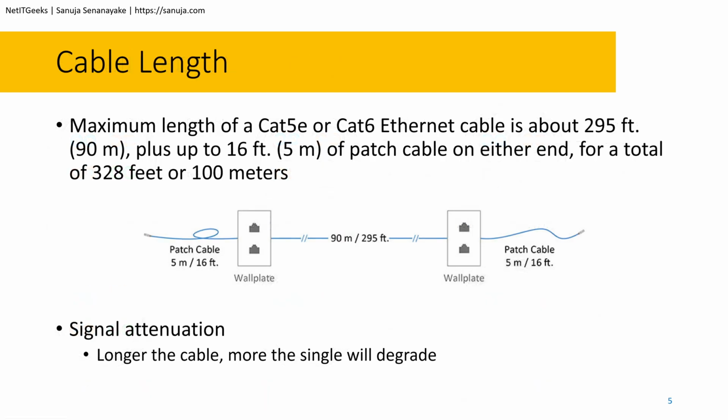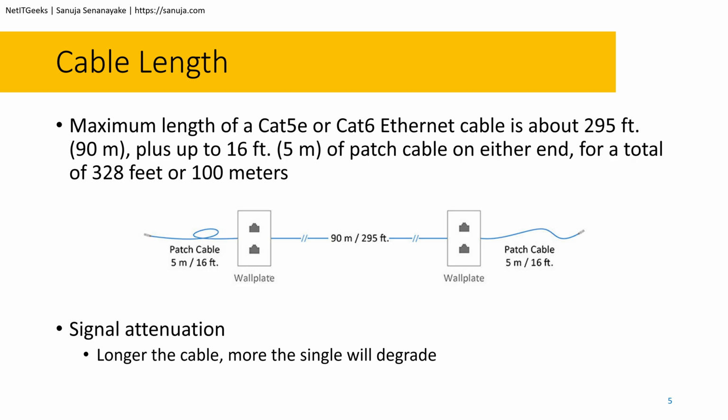The next topic we're going to discuss is cable length. The maximum length of a Cat5e or Cat6 Ethernet cable is about 295 feet, which is about 90 meters. We calculate that 295 feet or 90 meters by also accounting for up to about 16 feet, which is about 5 meters, of patch cables on either end of the cable.